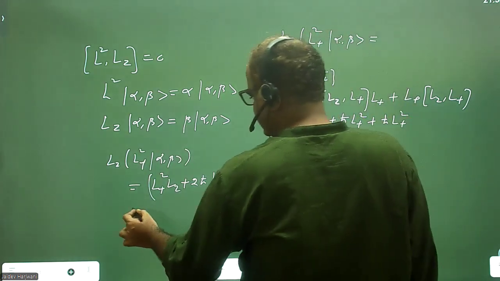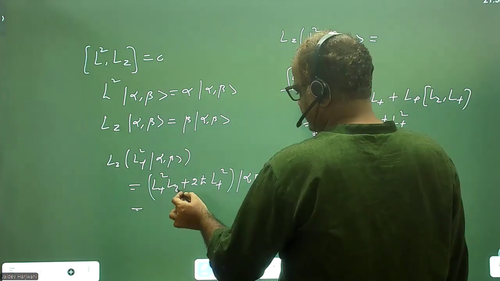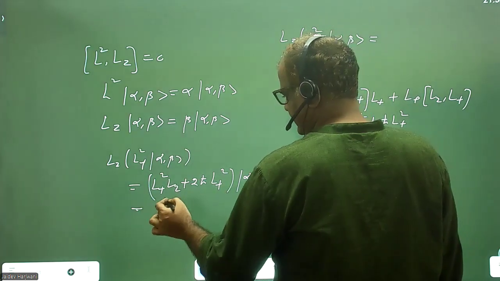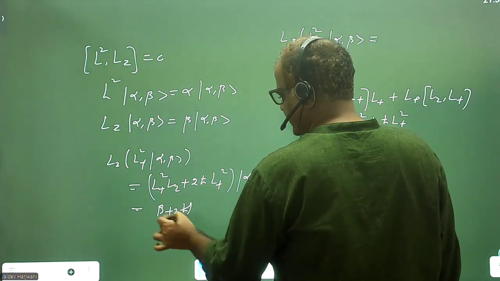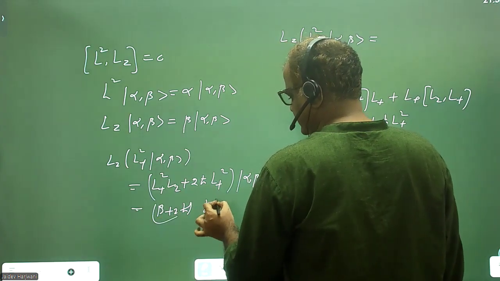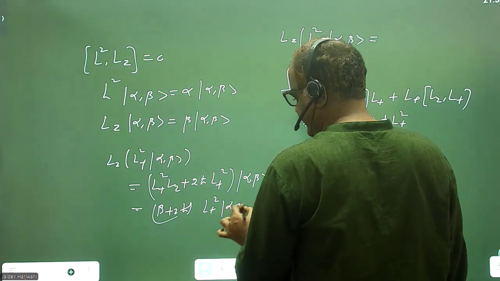When Lz operates, beta comes, so this becomes beta plus 2 H cut times L plus square alpha beta.